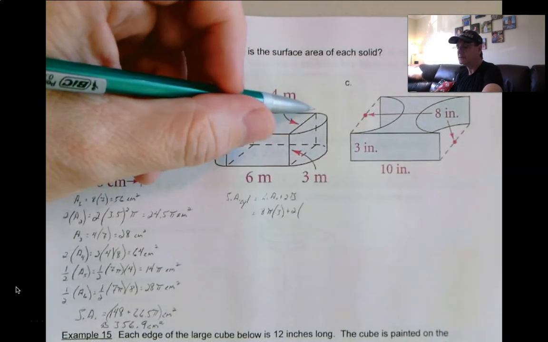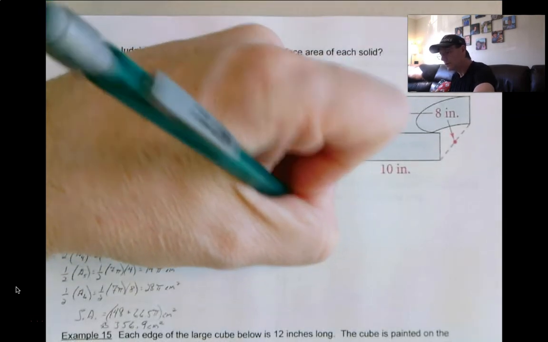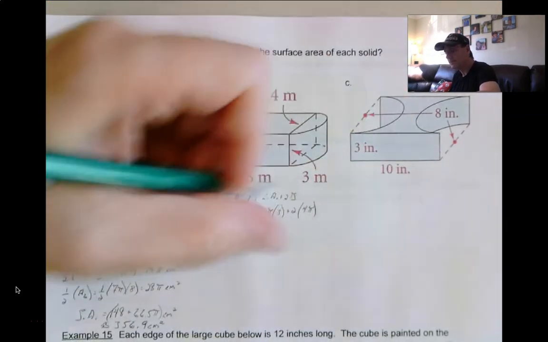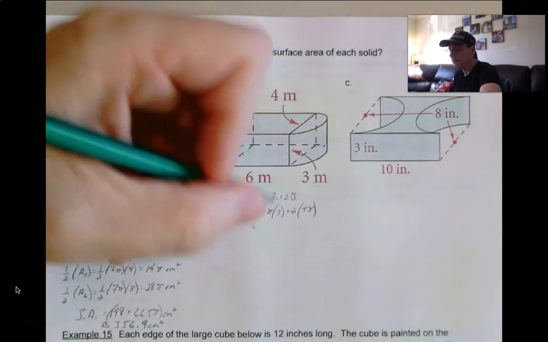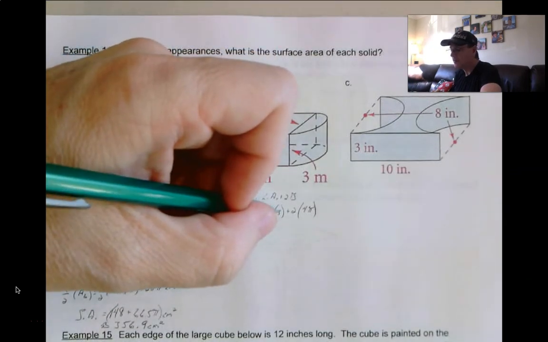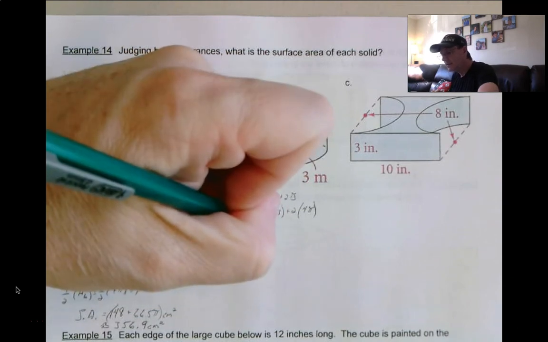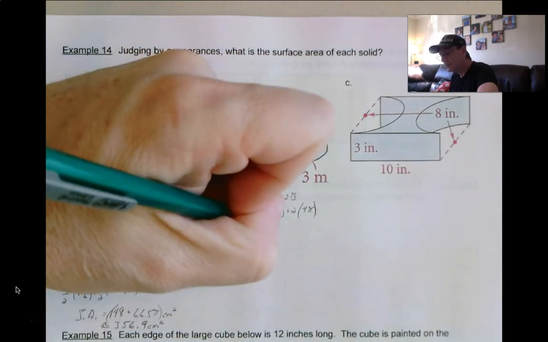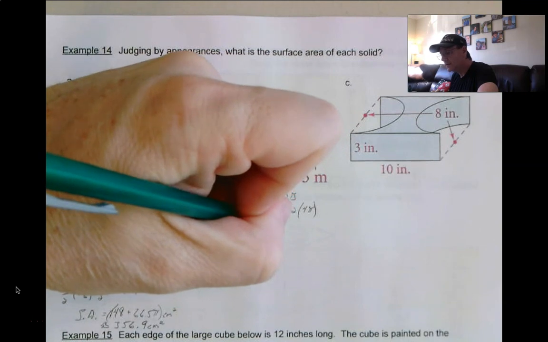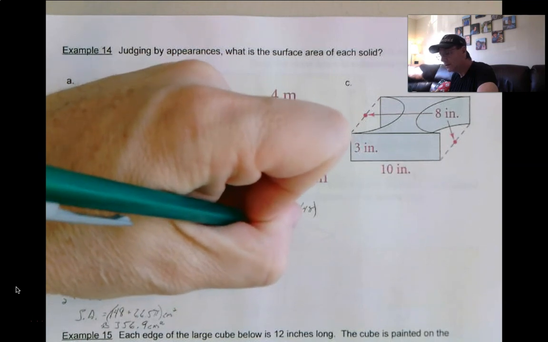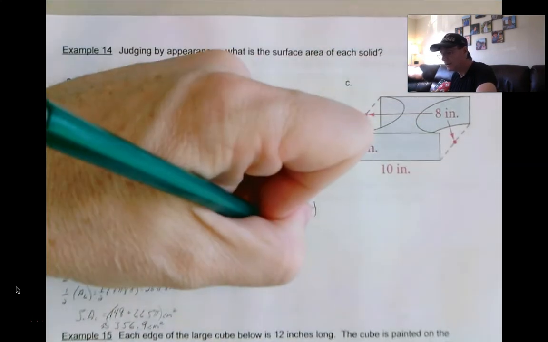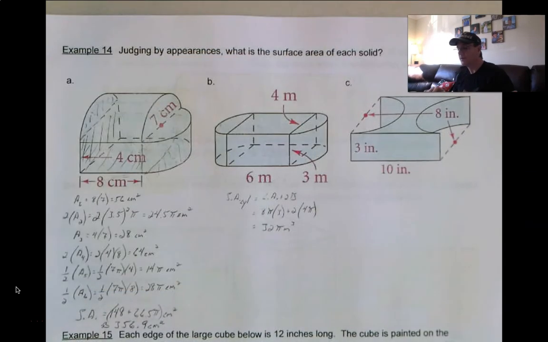So the radius is 2, so 4 pi. So 24 pi plus 8 pi is 32 pi meters squared. So that's the surface area of that cylinder.